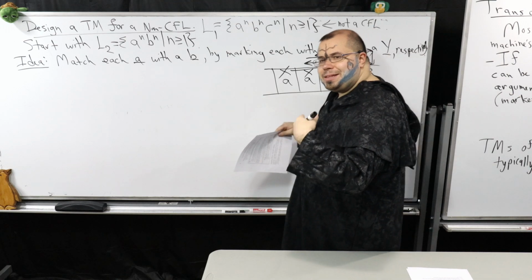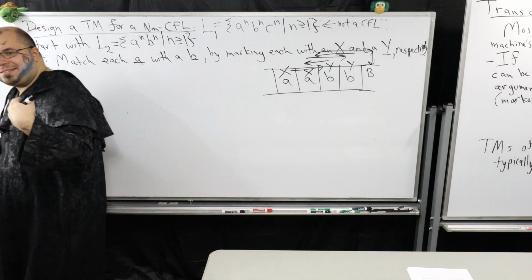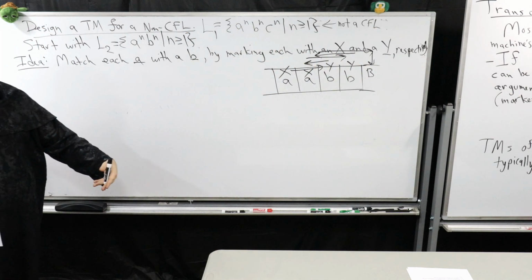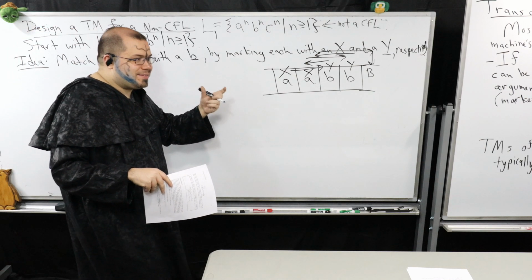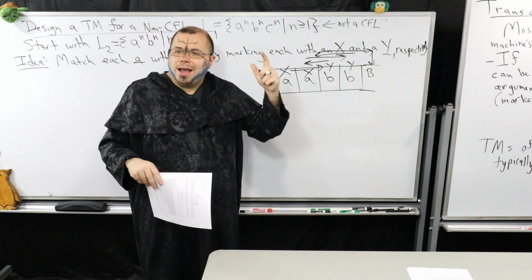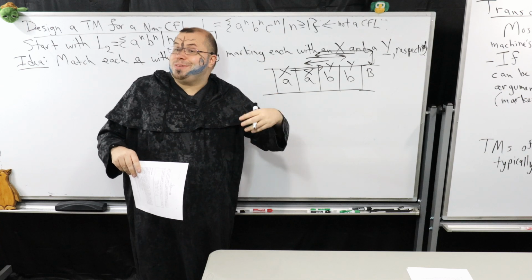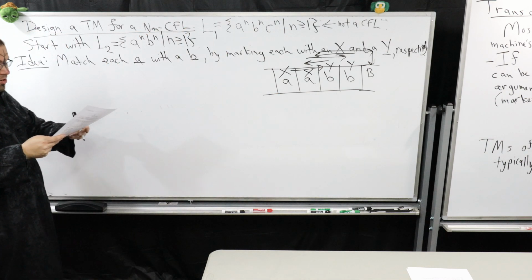So the idea is to go back and forth trying to pair up every A with a B. Whenever I make a pairing like this, I'm going to mark an A with an X and a B with a Y. That's the big idea I'm going to use here.